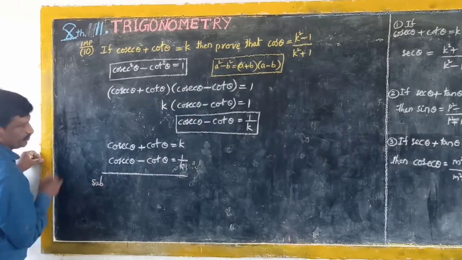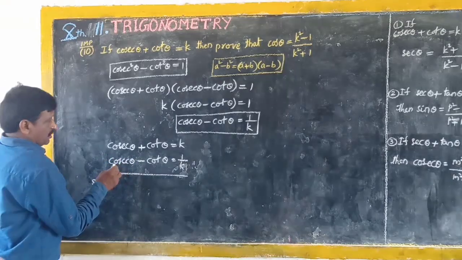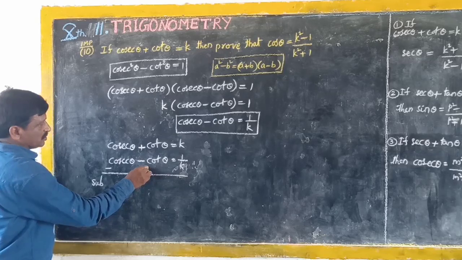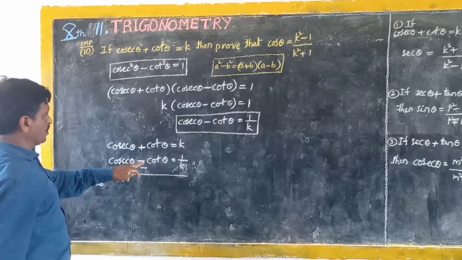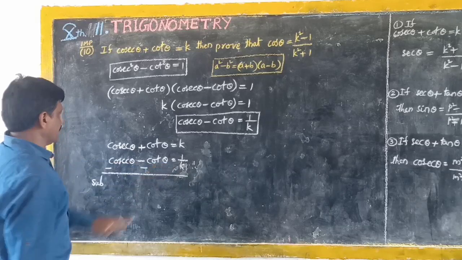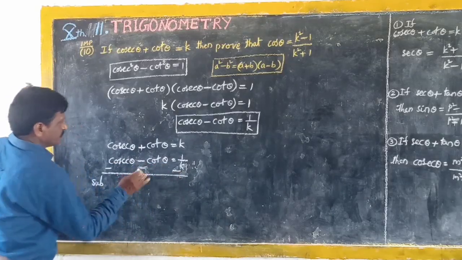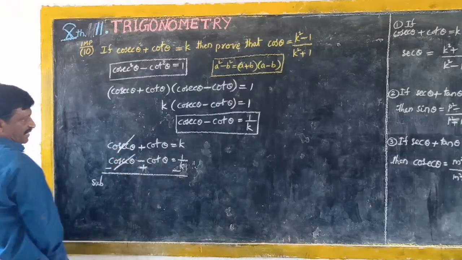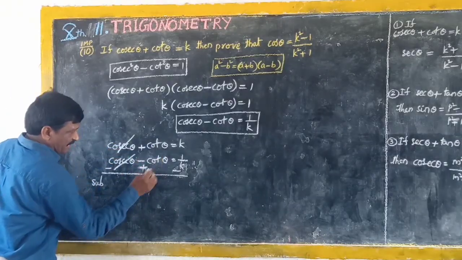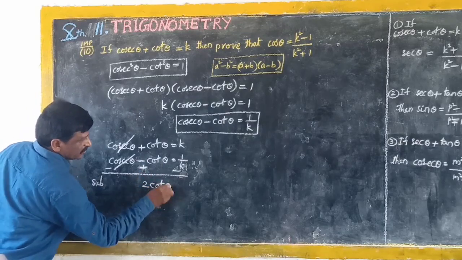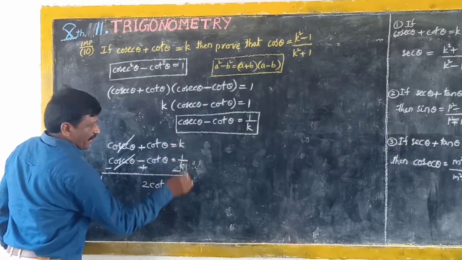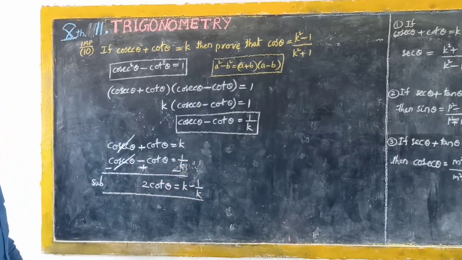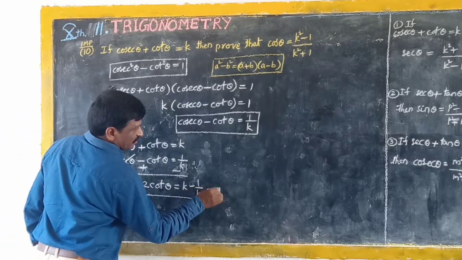Cosecant theta cancels, and cot theta plus cot theta gives 2 cot theta is equal to k minus 1 by k. This is the first result.